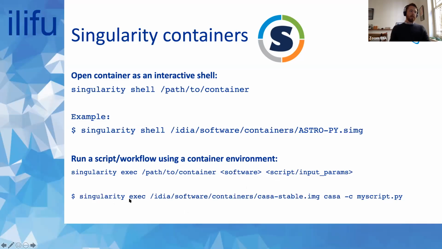So here an example is Singularity exec, and that's IDIA software containers, Casa stable, a recent stable release of Casa software. You would call the software named Casa, and you would pass in your script, which may call a number of functions with parameters using the Casa software.